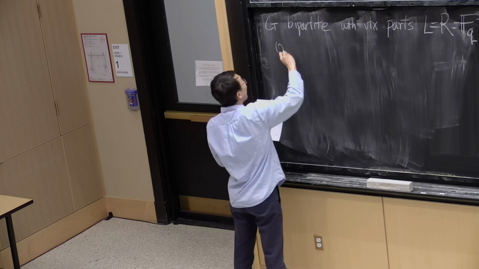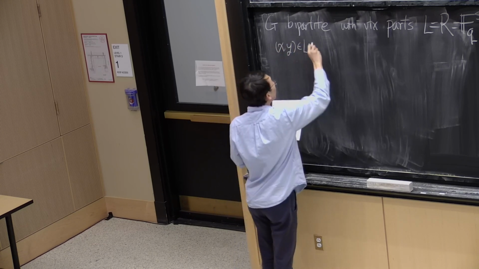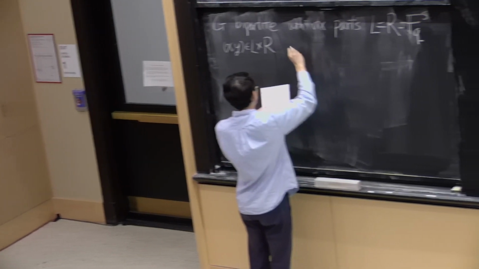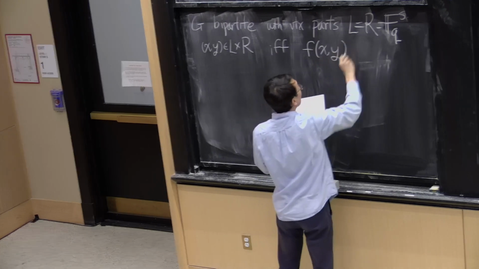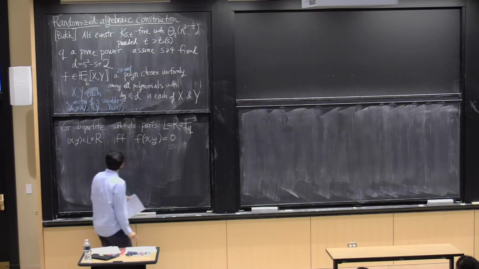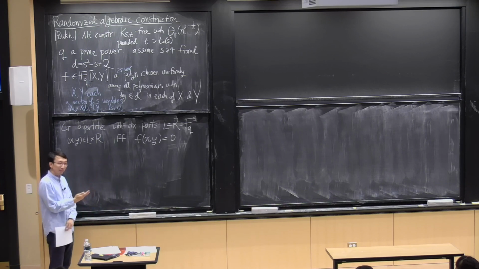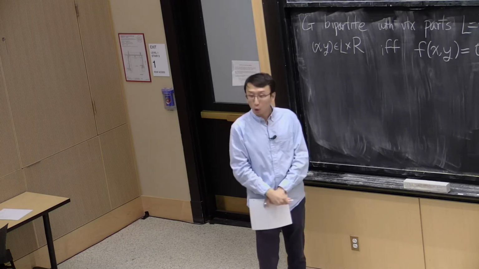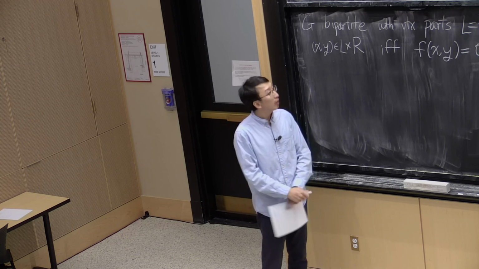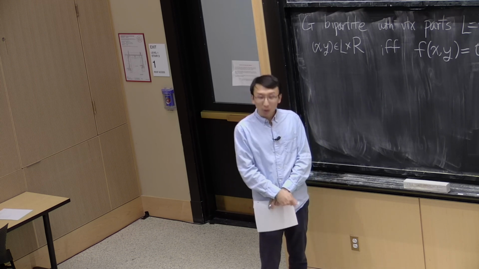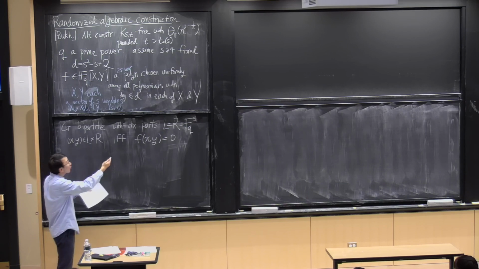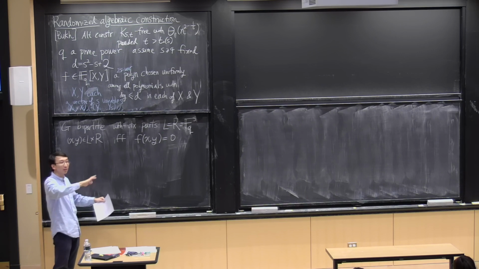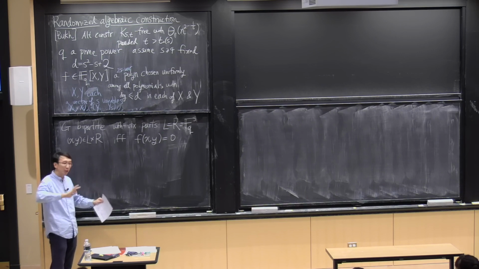And we'll put an edge between two vertices if and only if that polynomial up there, f, evaluates to 0 on these values. That's the graph. So I give you a random polynomial f, and then you put in edges according to when f vanishes. If you view the bipartite graph as a subset of F_q^s cross F_q^s, then the edge set is the 0 set.